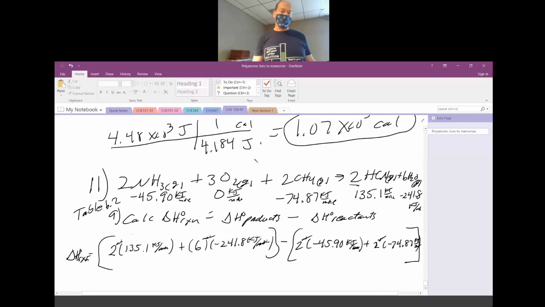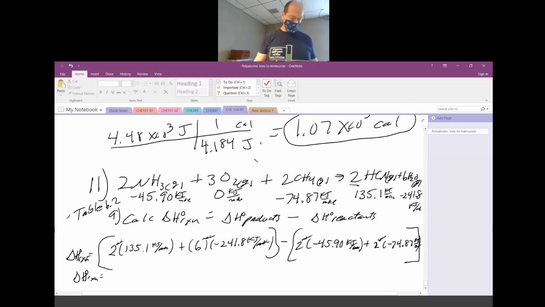So we have the products minus reactants. I highly recommend getting a number for each one of those before doing the whole thing on your calculator. All right, so I have on my calculator, I'm going to write 135.1 times 2 plus 6 times my negative 241.8.